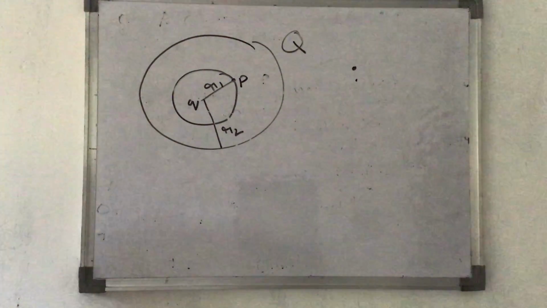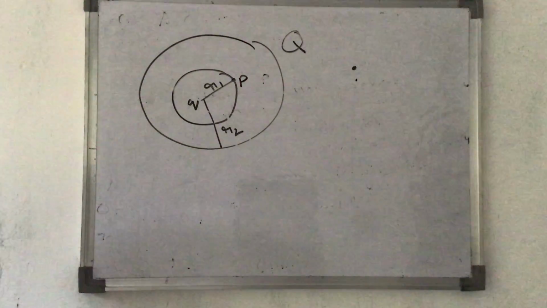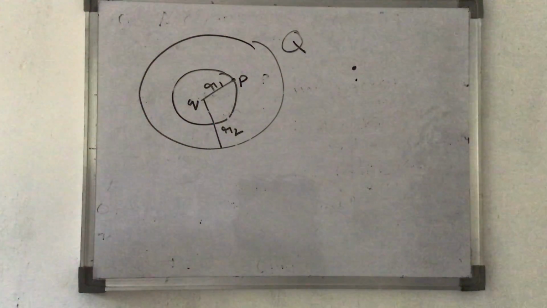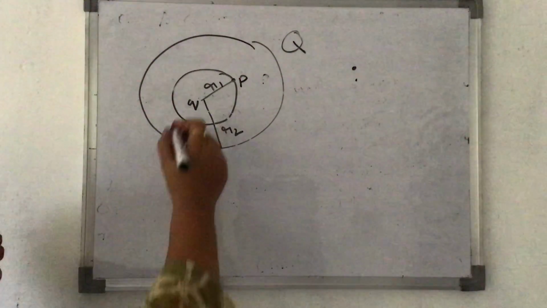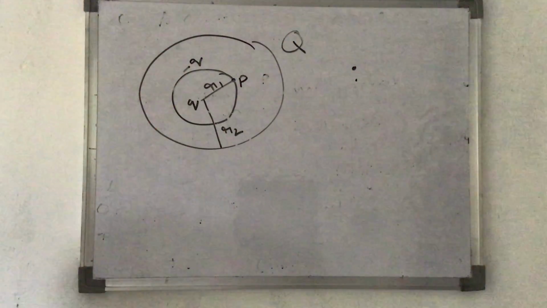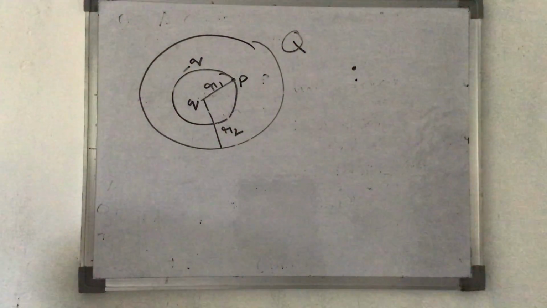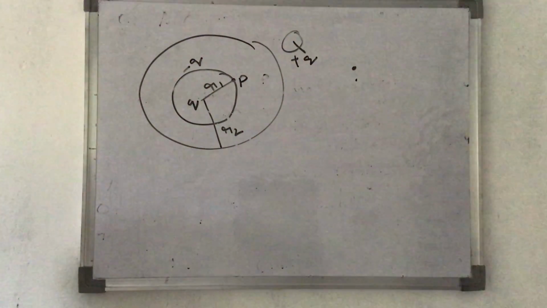Now, the spherical shell has an inner radius of r1 and an outer radius of r2. The charge on it is capital Q, which will reside on its surface only. Inside I have kept a charge q, so this will be minus q, and in order to balance this, it will become plus q.